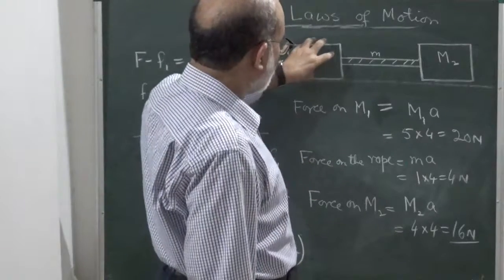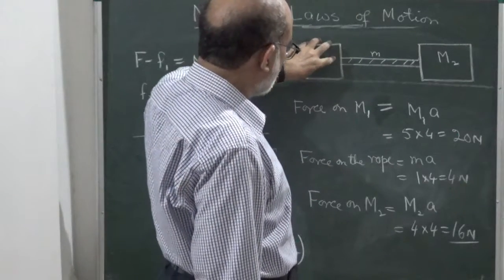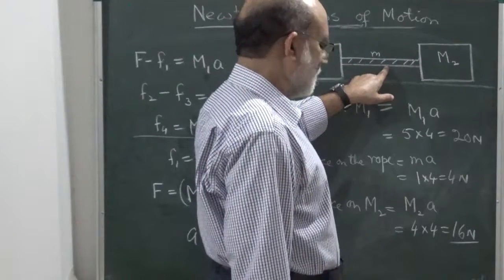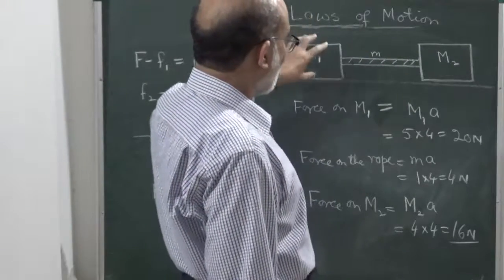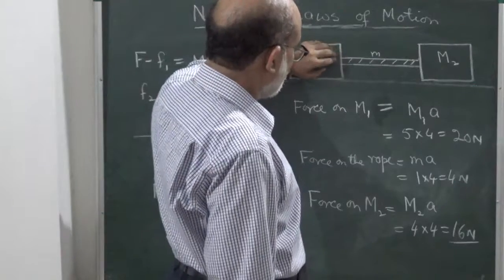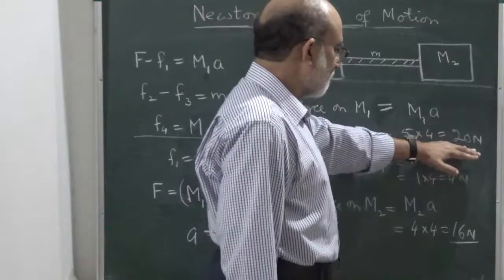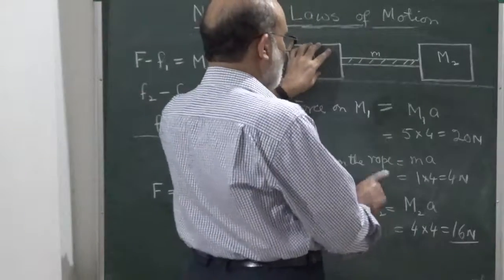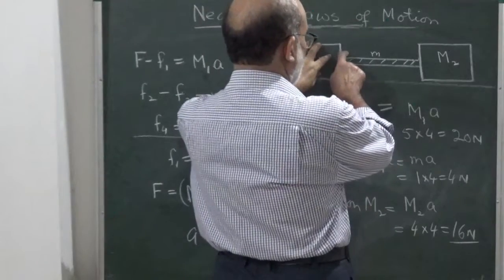The inertia of this block is more, so it requires more force. The inertia of the rope is very small, so it requires less force. Out of 40, 20 Newton is kept here, and the remaining 20 Newton is applied here.